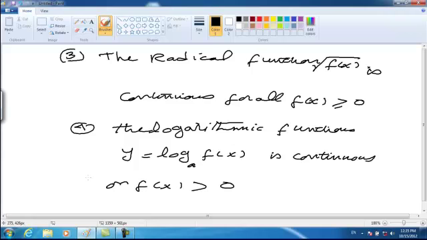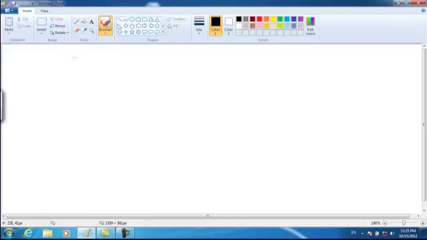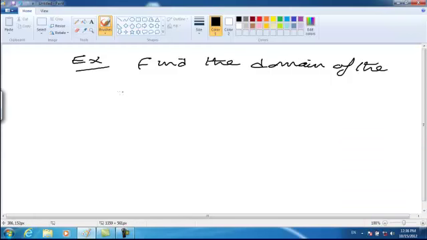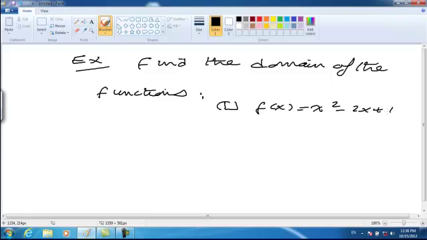Example: find the domain of the functions. Number 1, f of x equals x square minus 2x plus 1.